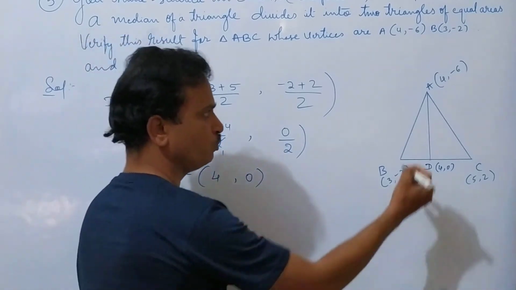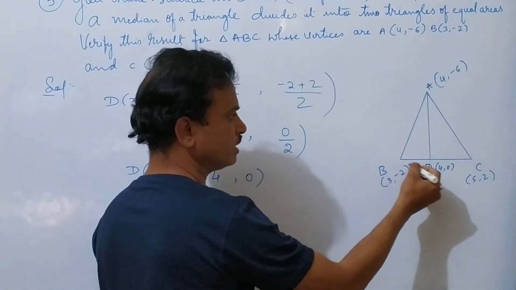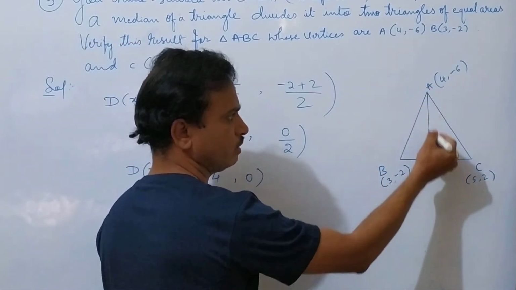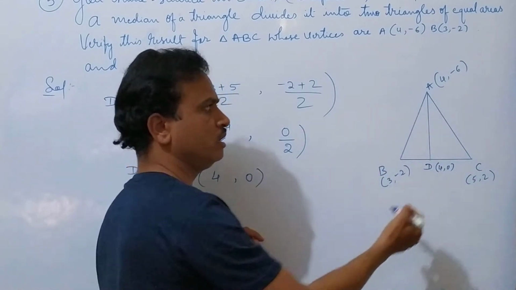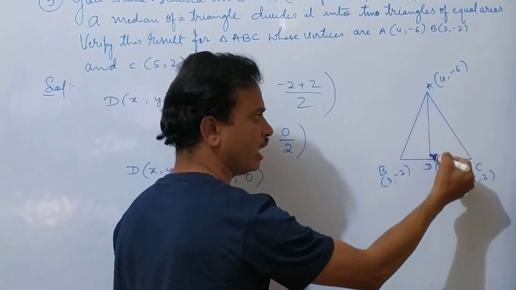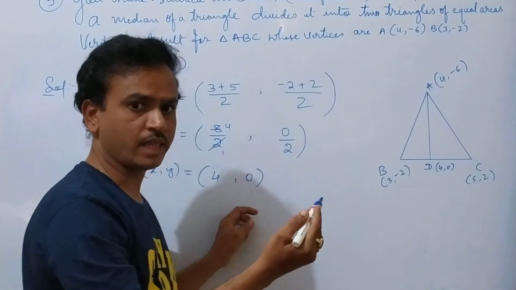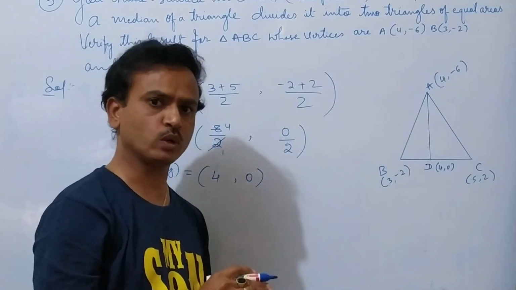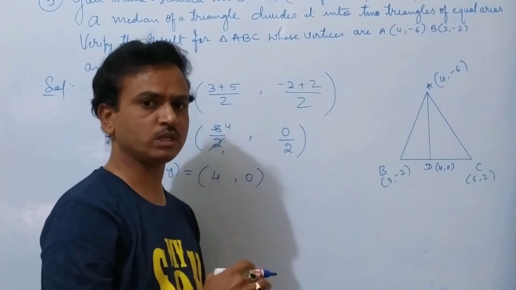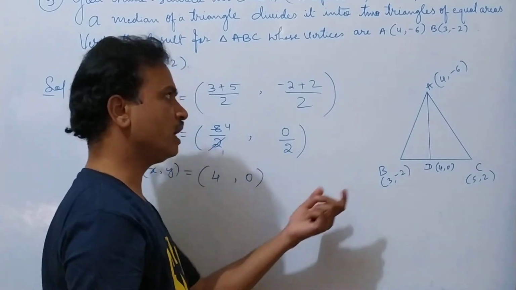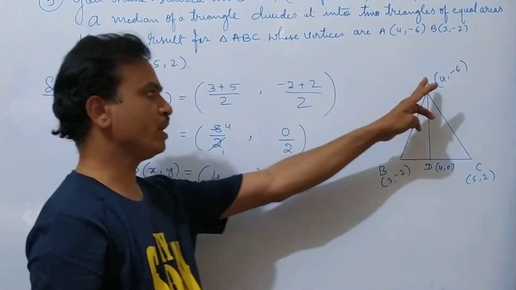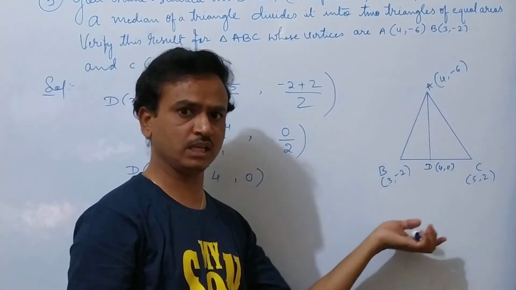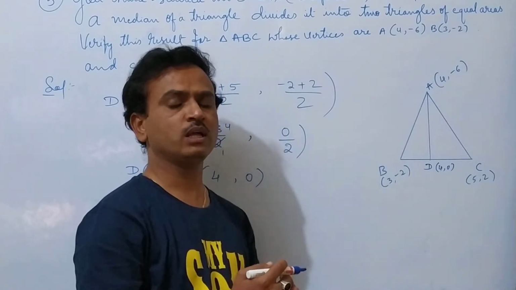Now we should find the area of triangle ABD. Next we should find the area of triangle ADC. Then both the values we have to compare. If both the values are equal, then we will say a median divides triangle ABC into two triangles of equal areas.